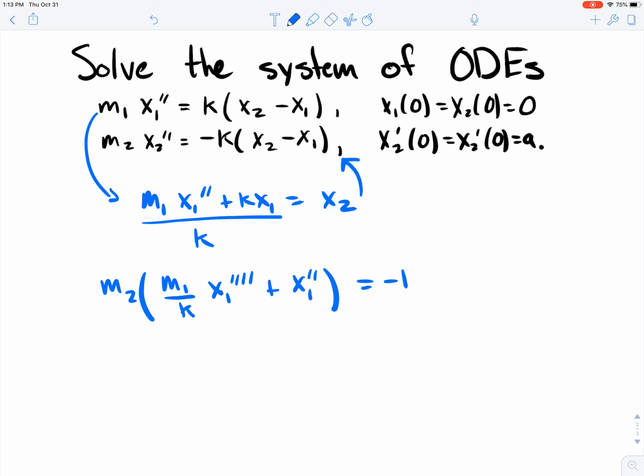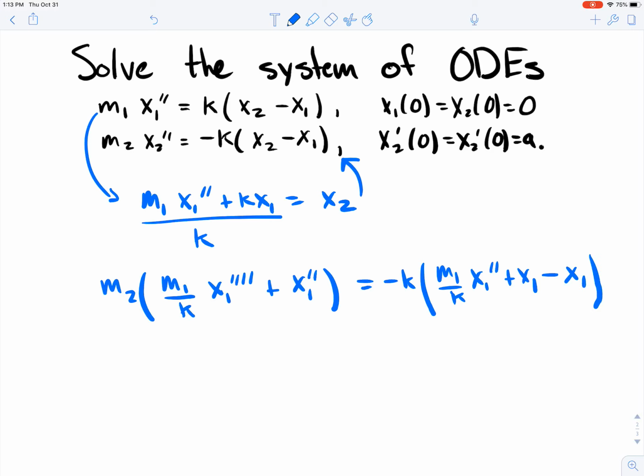Now we have a negative k, and we just go ahead and plug this in. So we're going to have m1 over k x1 double prime plus x1, and we're going to be subtracting x1.